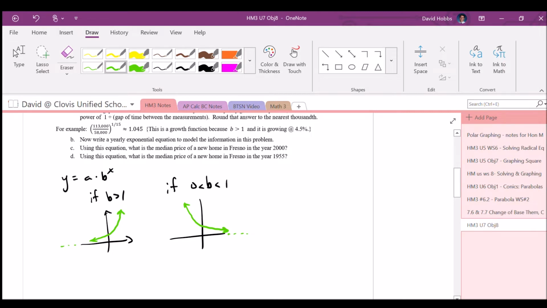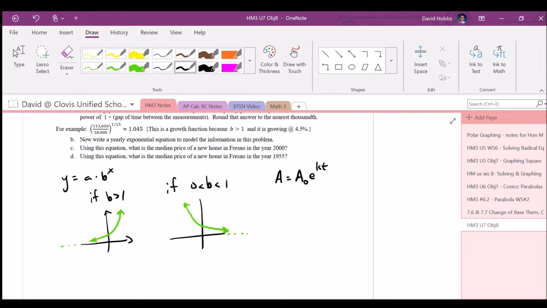Okay, and much like when we were doing our functions the other day with our half-lives, A equals A sub 0 e to the kt, or negative kt, whichever way it was. This A sub 0 right here, that's the initial amount.